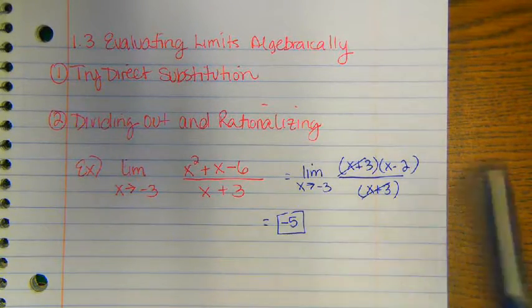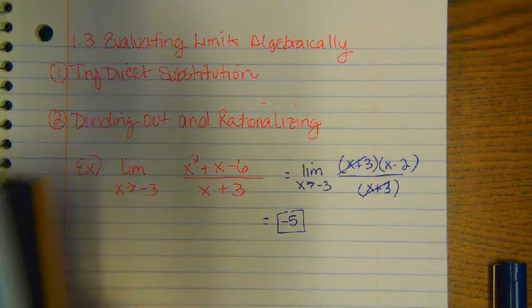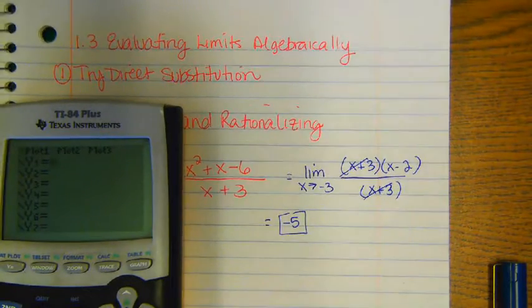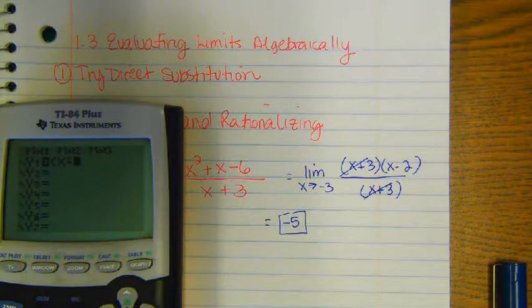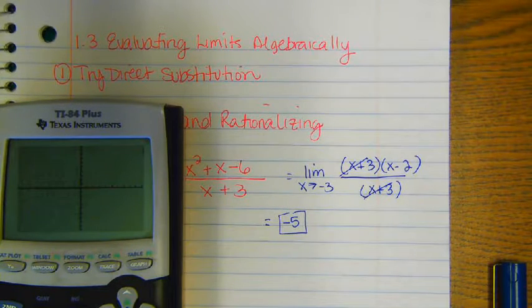So let's just take a look graphically so you can see what this looks like then. And it's hard to tell unless you zoom in. Doesn't look like it's undefined at -3, does it?